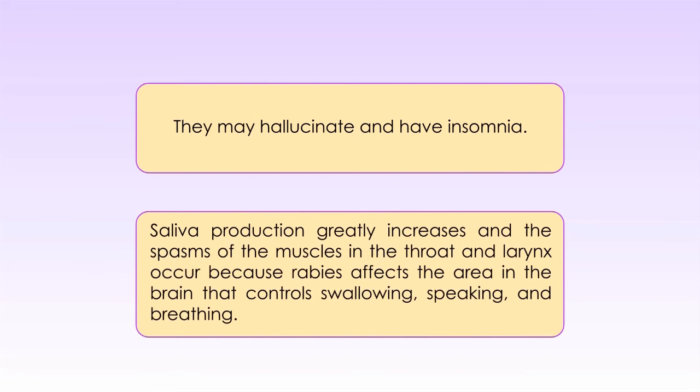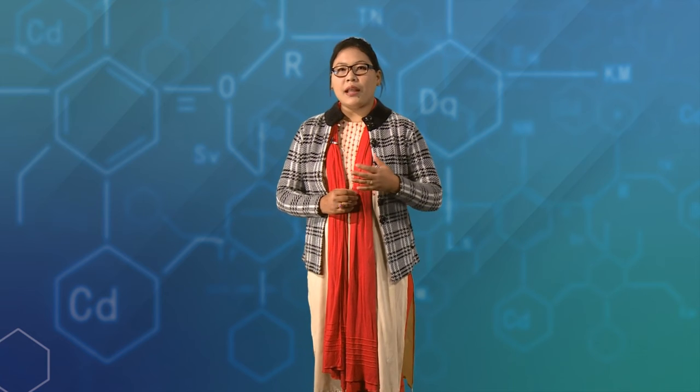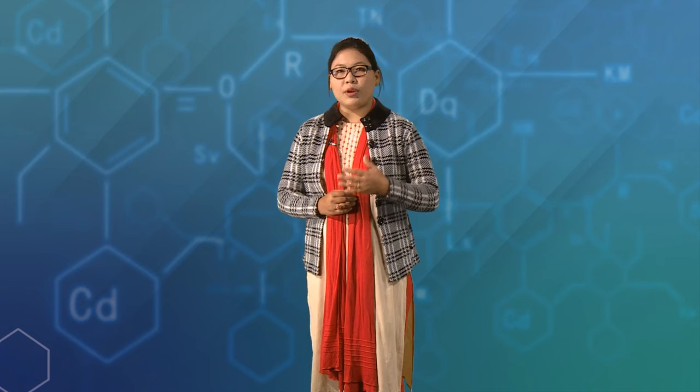Saliva production greatly increases and spasms of the muscles in the throat and the larynx occur because rabies affects the area in the brain that controls swallowing, speaking, and breathing. The spasm can be extremely painful. A slight breeze or an attempt to drink water can trigger the spasm.